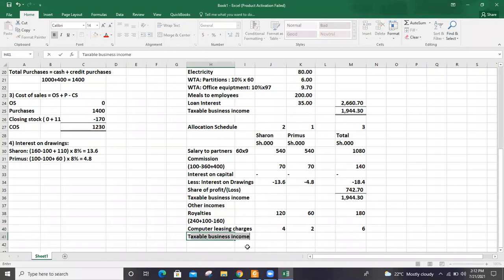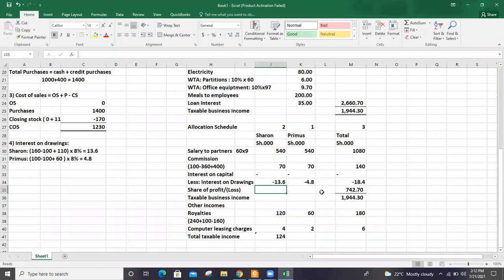So do we have our total taxable income? We didn't share this one. Can you share the profit?